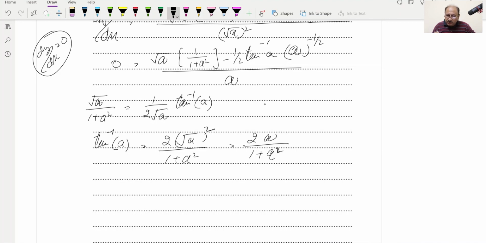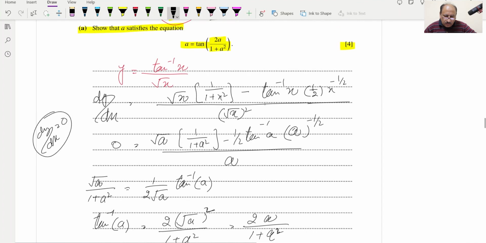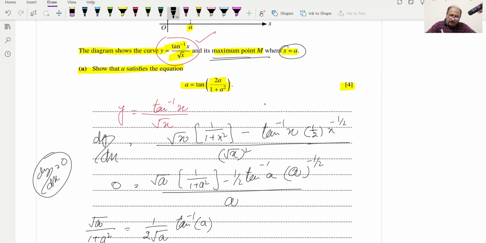From here we can write a is equal to tan of 2a over 1 plus a squared, and this is the final answer which we had to show, which we have done.